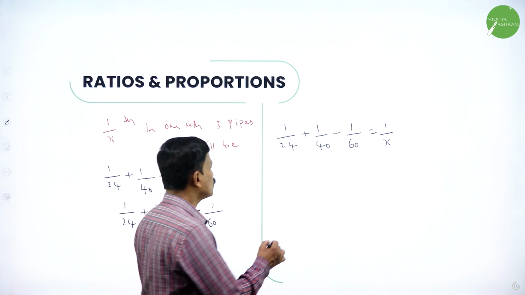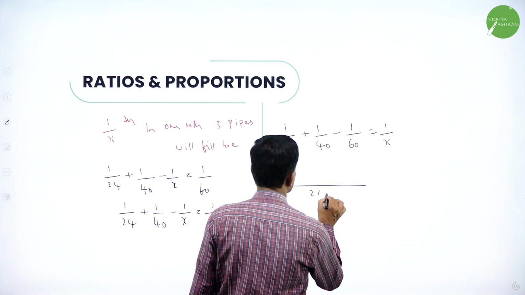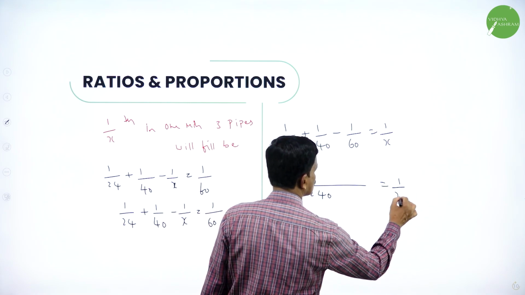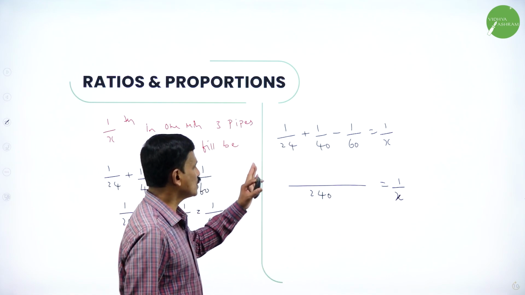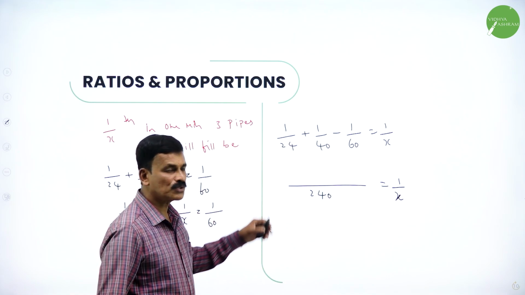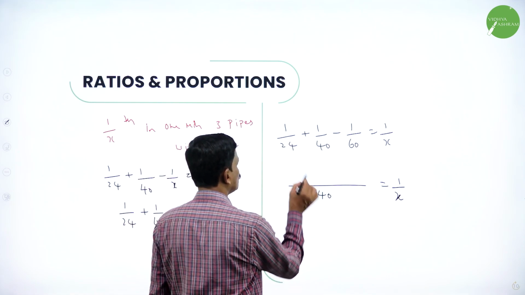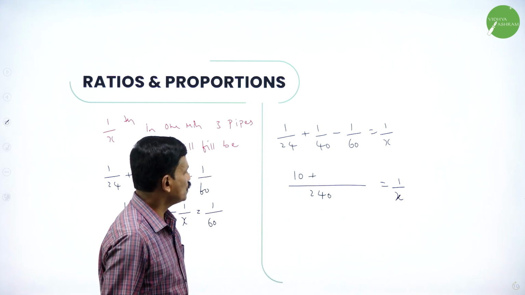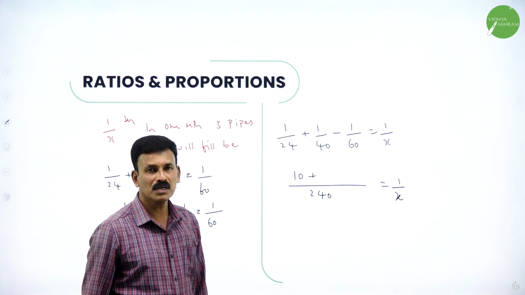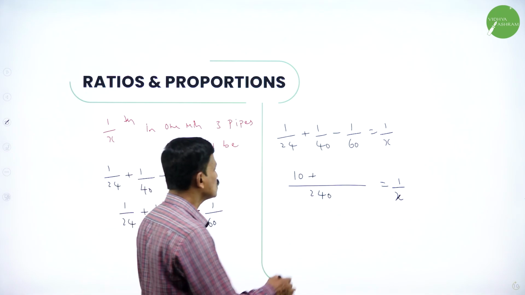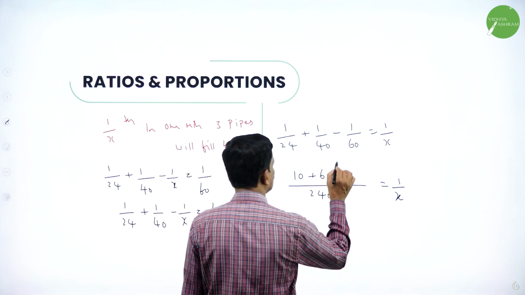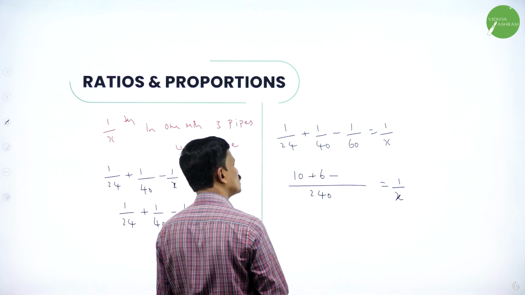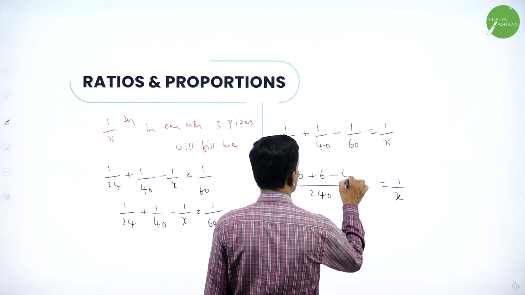So what is the LCM here? 240 is the LCM. Now 24 divides 240 10 times. If you divide 240 by 40, 6 times. 240 by 60, 4 times.